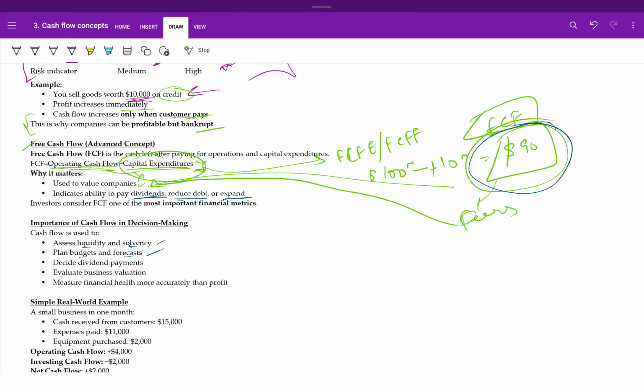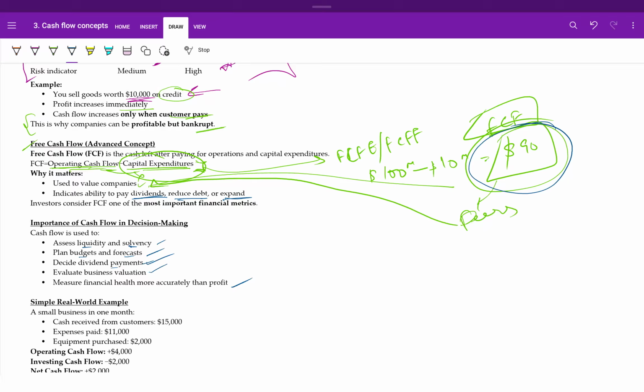Yes, I hope this much we have established here. It also helps in deciding dividend payments, whether and how much we should pay our investors, and in evaluating business valuation. It measures financial health more accurately than profits.